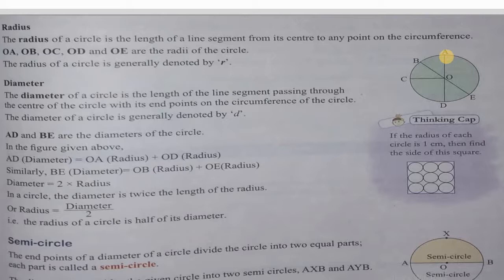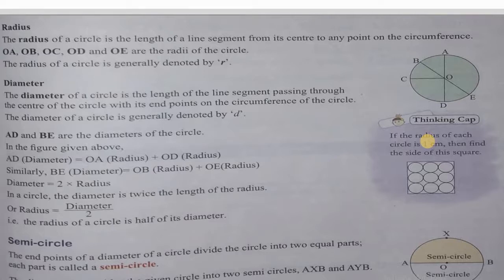So you will do 2 into radius to get the diameter. If you want to find the radius, you will do diameter divided by 2. That is, the radius of a circle is half of its diameter.